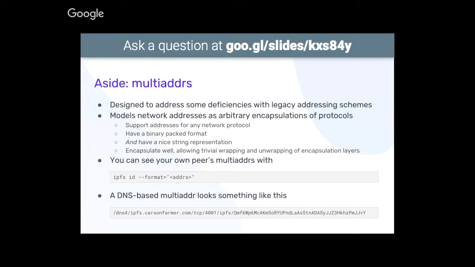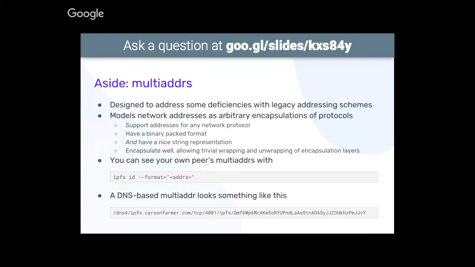And so here's another quick aside. These little beauties are designed to address some of the deficiencies with legacy addressing systems. They model network addresses like URL paths or DNS addresses, and they model these as arbitrary encapsulations of protocols.